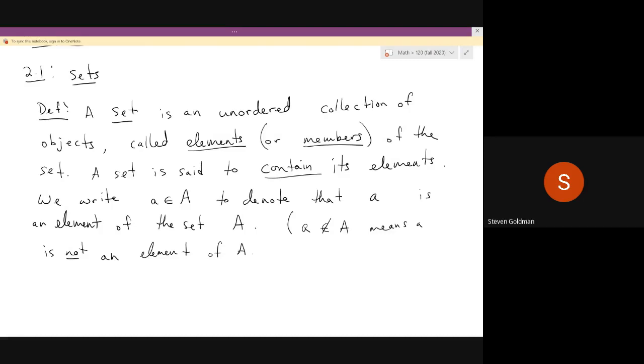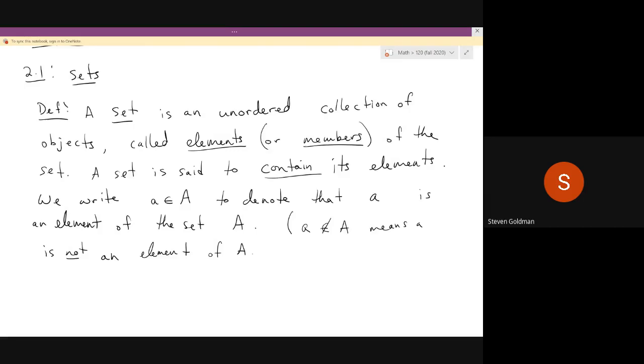It doesn't have to just be that. I could have a set of anything. It doesn't have to be numbers. So if I'm a school, a class could be a set where the students in the class are the elements of my set. Or if I have a computer lab, the elements of my set could be the computers in the lab. I want to discuss the computers in the lab. Those are the objects in my set.